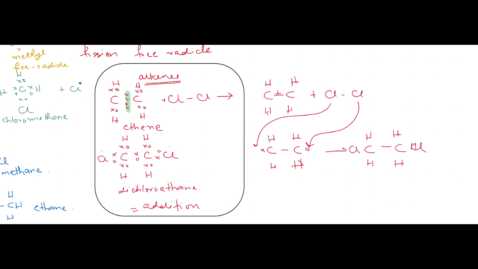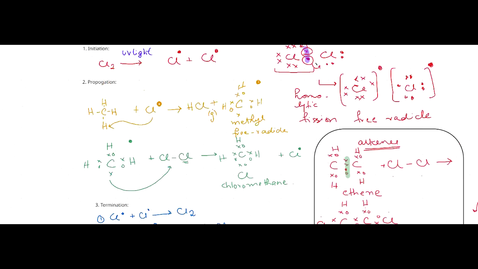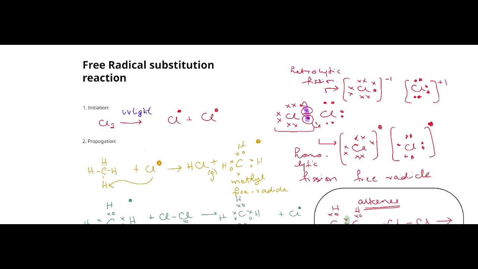In an alkane, all the bonds are single covalent bonds. Since all the bonds are single covalent bonds, there's nothing for me to break. A single covalent bond does not break easily. So I will have to remove one of the other atoms and then I can place chlorine over there, right? So this is the difference between the reaction that we see with alkanes and the reaction we see with alkenes.